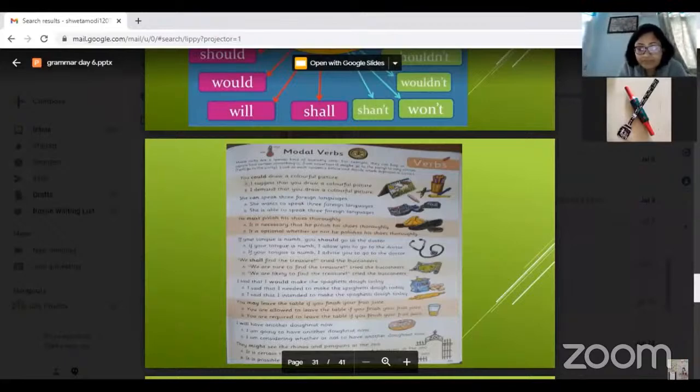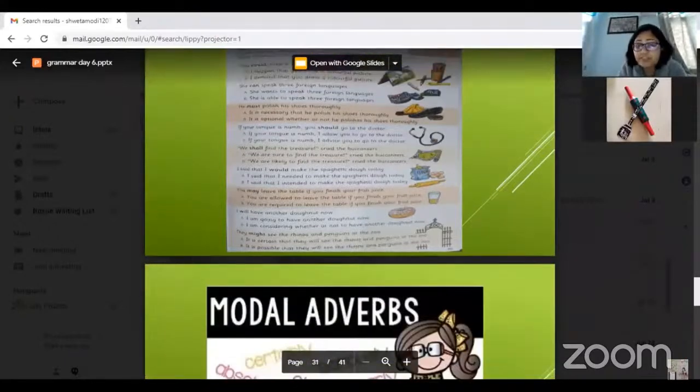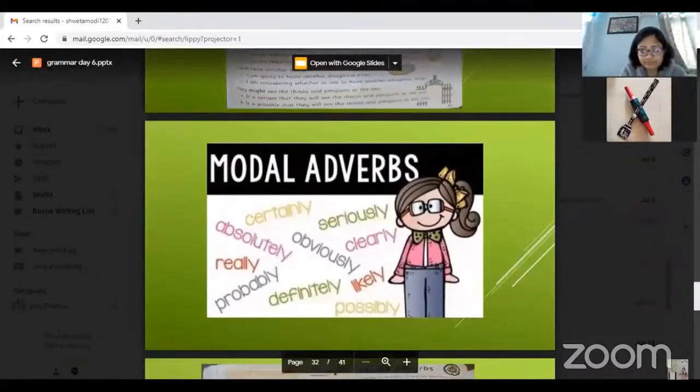I will have. Now, when you use will, that means it's sure. Okay. So, I am going to. They might see. So, if you have any kind of possibility, then it is modal verb.